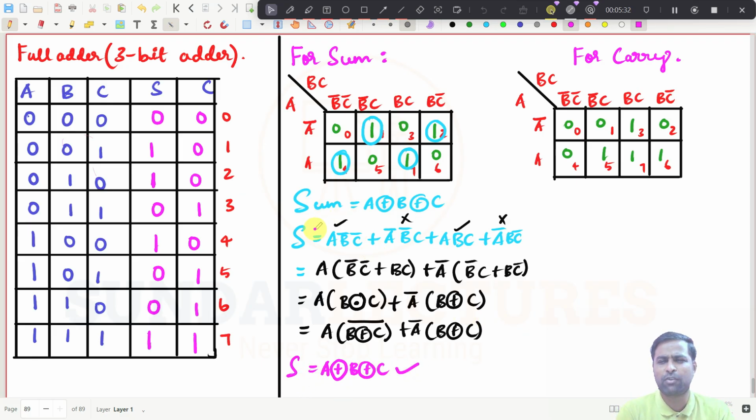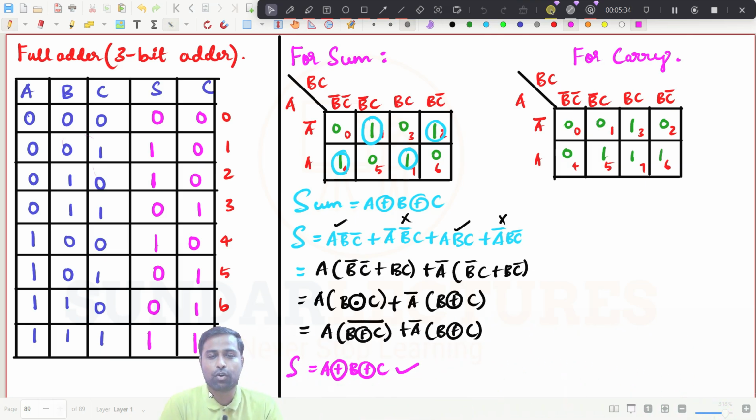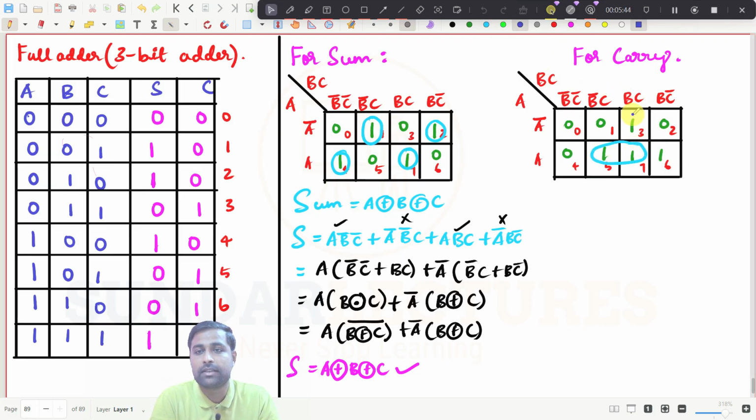So the output equation, I have told you, right? It has to be like this. So what will this one be now? You have to do it separately. What we need to do is pair this one, right? So this is a pair, and this is a pair, and this is a pair. These three are the pairs. So how will you write the expression now? Straight away you can write for carry. What is carry now?